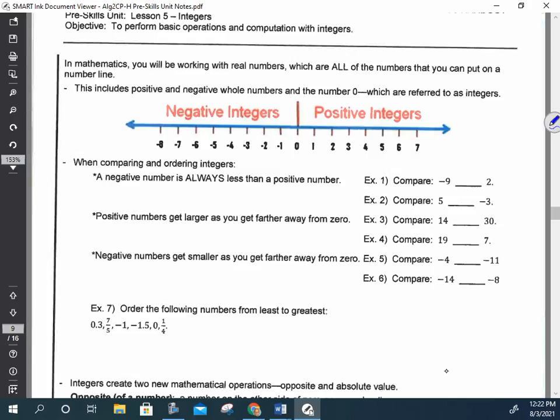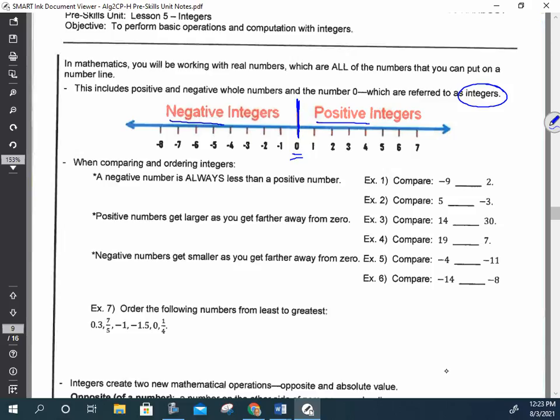integers. So as you can see, looking at the number line, the 0 serves as the dividing line, so to speak. To the left of 0 are your negative numbers. To the right of 0 are your positives. So a couple things that we need to keep in mind as we're working with positive and negative numbers are how to compare them.